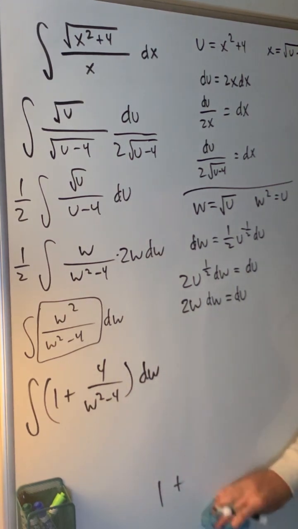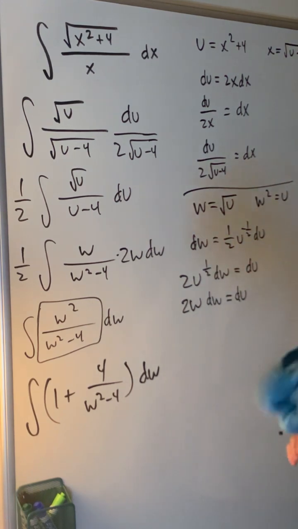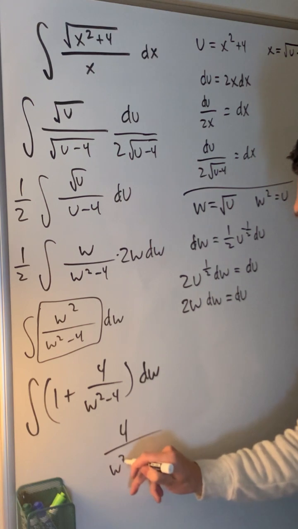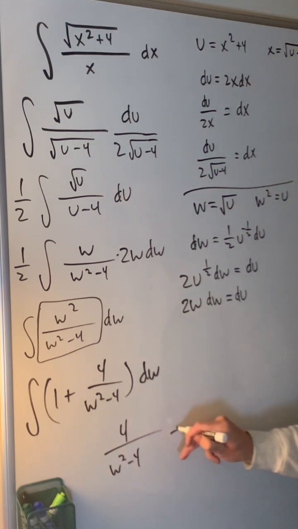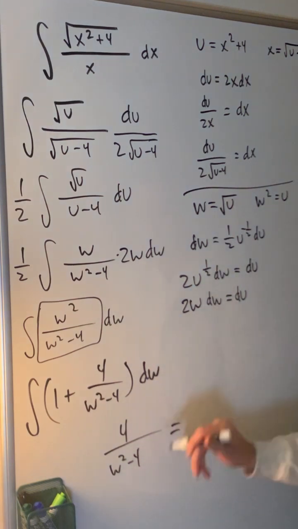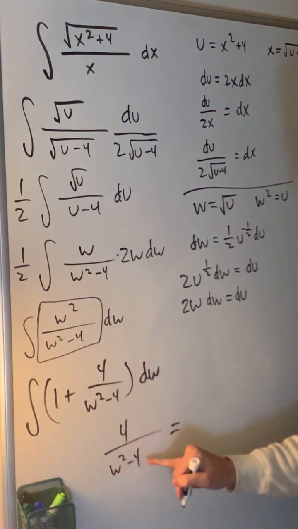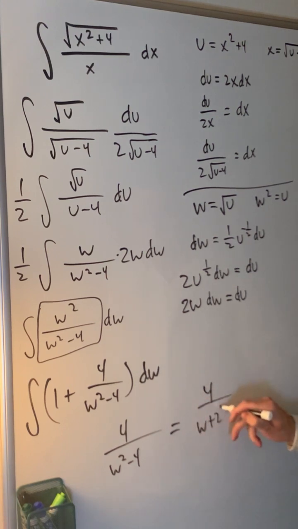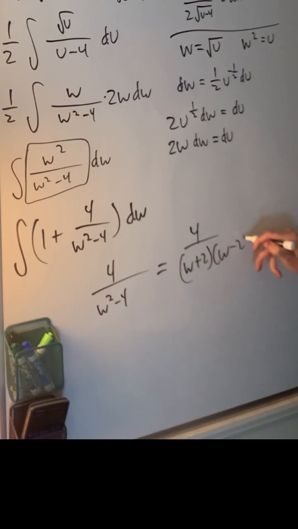We have this here. And now I want to remind you of another FYI. Recall that 4 over w squared minus 4, you can actually break this up into partial fraction decomposition. Recall that w squared minus 4 is the same as w plus 2 times w minus 2.